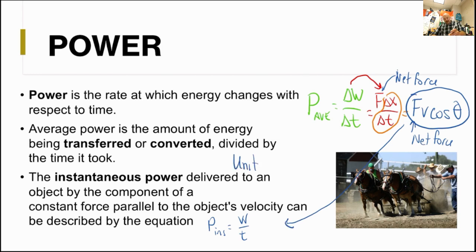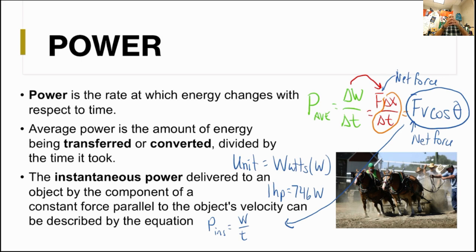So the unit for power is watts. And here in America, we have a more common unit for power, which is horsepower, where 1 HP is 746 watts. But a lot of times watts is such a small unit itself that they often will use the unit of kilowatts. So 1 kilowatt is 1,000 watts.